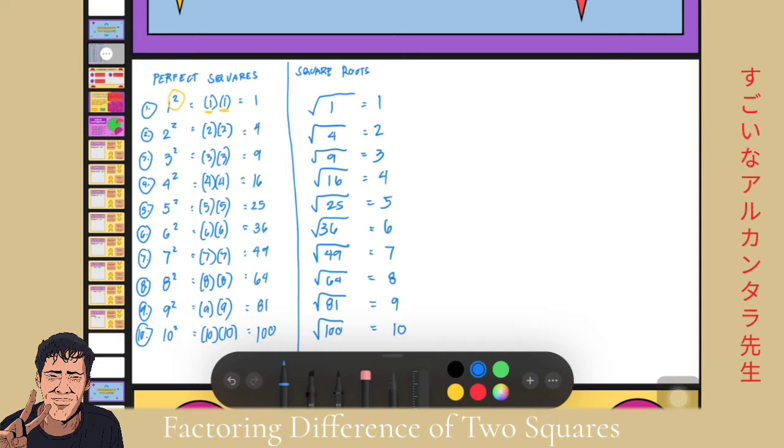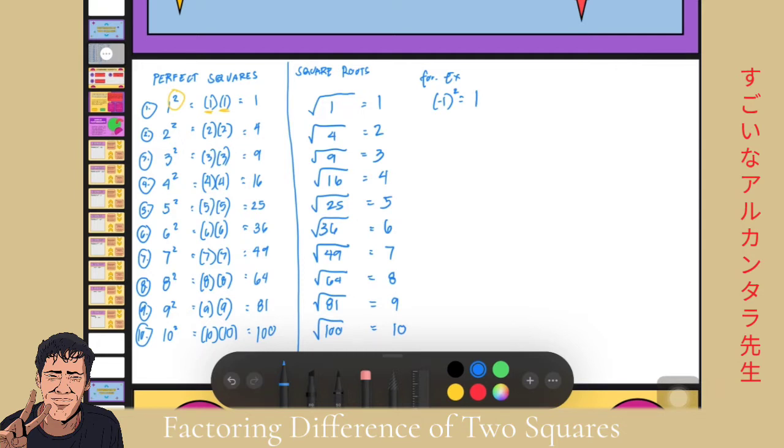But one of the things that is important to be mentioned is that if we have the square root of numbers or integers or even variables, we should consider both the positive and the negative. Because if you have, for example, negative 1 raised to 2, that is also equal to positive 1.